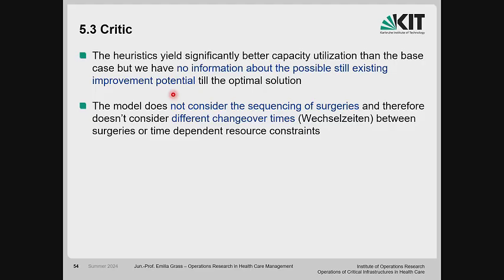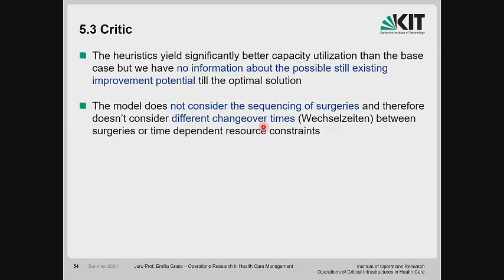And it doesn't consider different changeover times. It's like in a production site where you have to change the products from, I don't know, chocolate ice to vanilla ice. If you want to change it, you have to clean the entire equipment. So it might be better in a factory to produce several packages of chocolate ice first, then clean once, and then start producing vanilla ice.